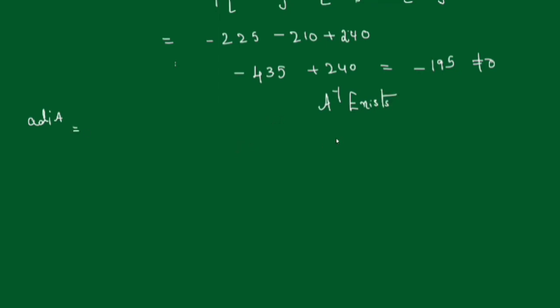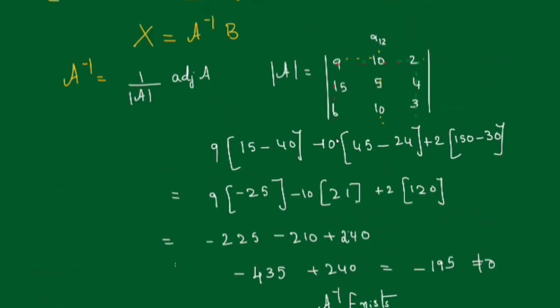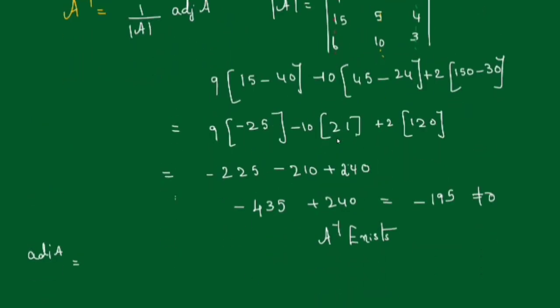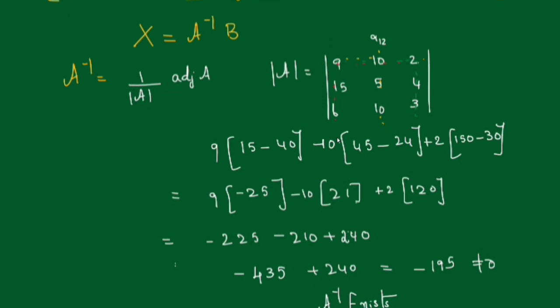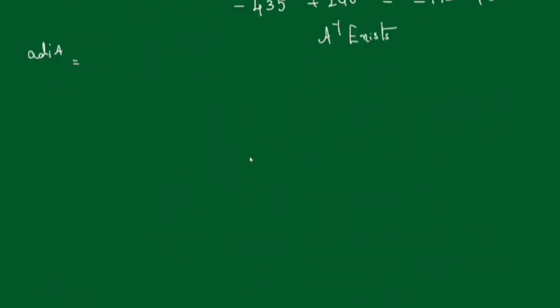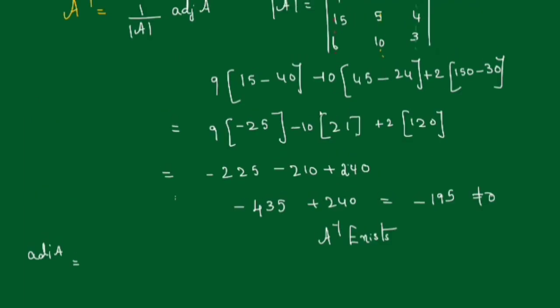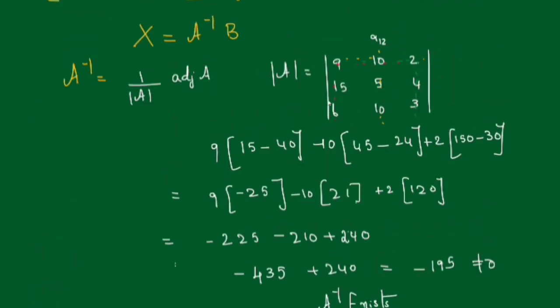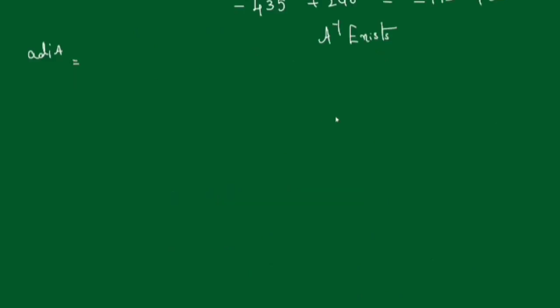Now we have to find the adjoint. You remember I taught you one shortcut method to find the adjoint. What is the shortcut method? See, the middle row is 15, 5, 4. They start from 5, okay? So 5, 4.